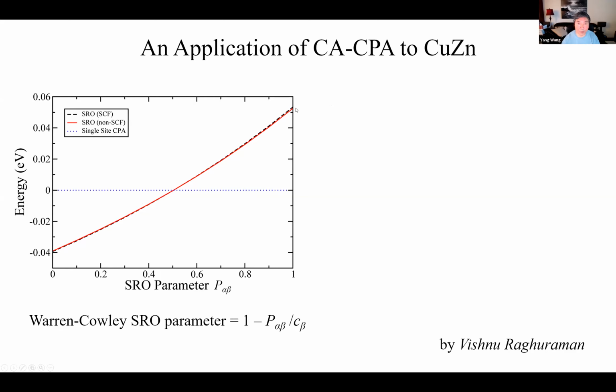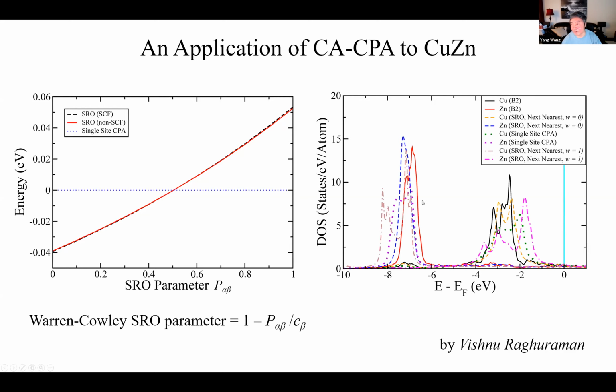This red solid line is where we use a conventional CPA medium. So both are actually very similar. It seems unnecessary to self-consistently calculate the CPA for the embedding cluster. They are very close to one another, at least for copper zinc.